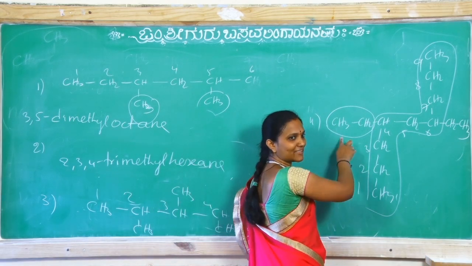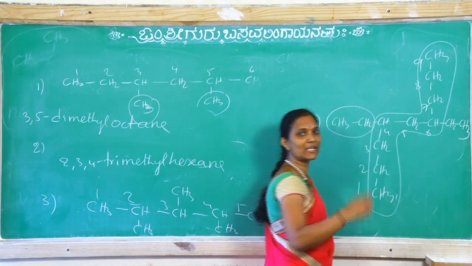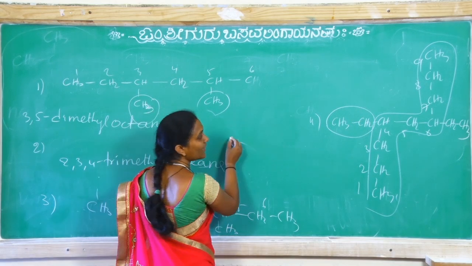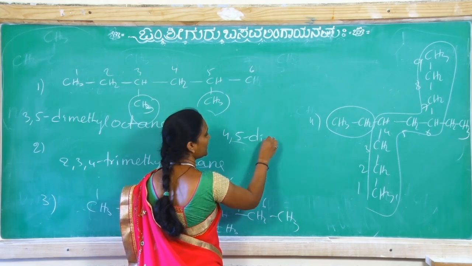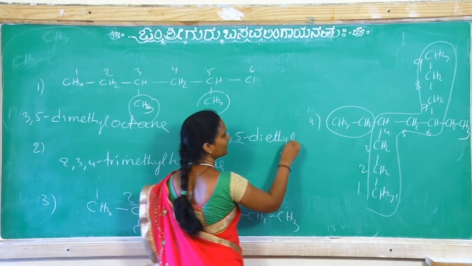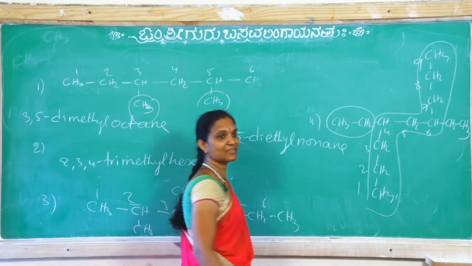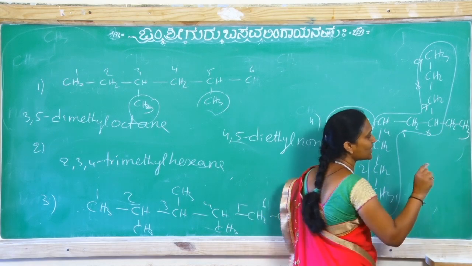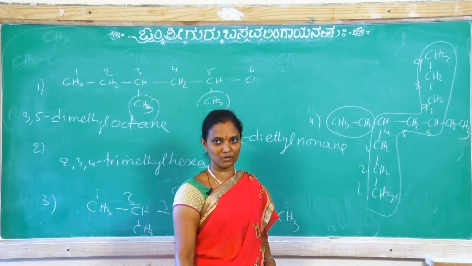Now to confuse, like this is given. This is a C2H5. Two C2H5 groups. C2H5 name? Ethyl. So where is the ethyl? 4, 5 diethyl nonane. This is an ethyl group, this is also an ethyl group. CH2CH3 is nothing but the C2H5 group.